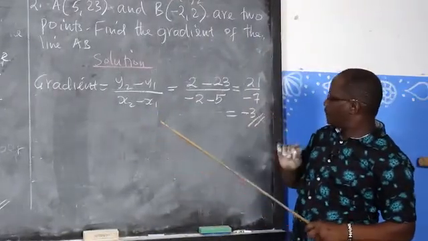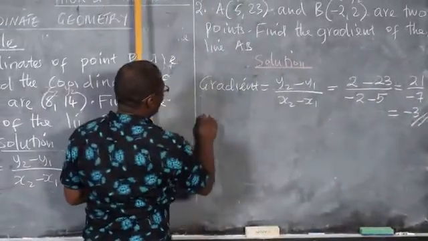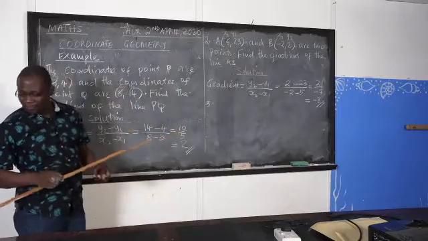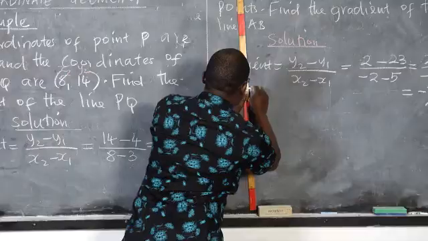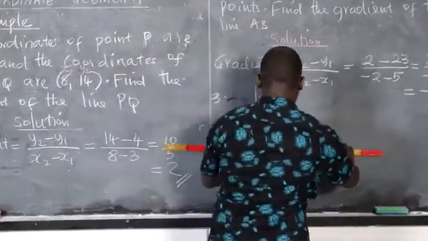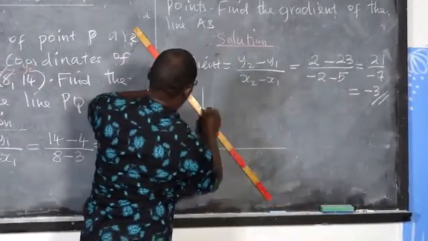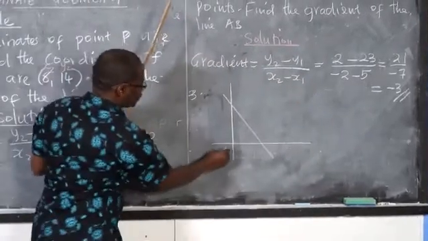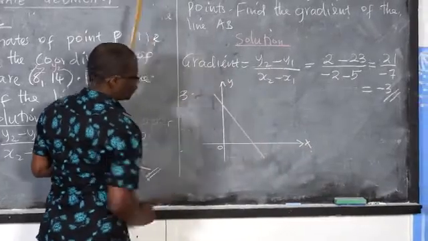So the last example on this, sometimes you can be given the problem in diagram form. It is very, very important. You can draw that. So this is the x-axis and this is the y-axis, the origin.